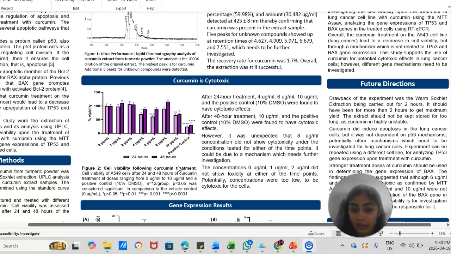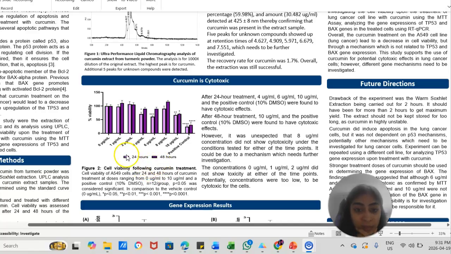For the 24-hour treatment, there were a total of four doses, 4, 6, 10, and the positive control, which showed cytotoxicity. But after 48-hour treatment, only 10 microgram per ml and the positive control showed cytotoxicity. There was a difference in the number of doses, as we can see.